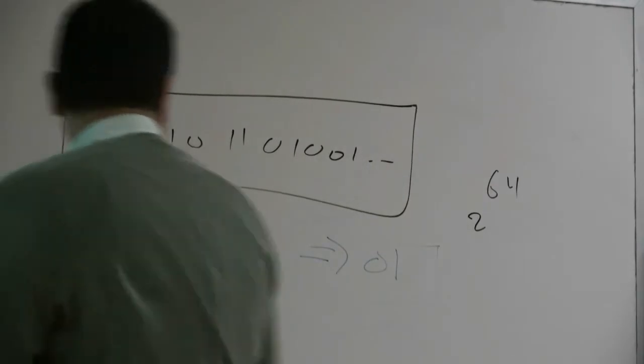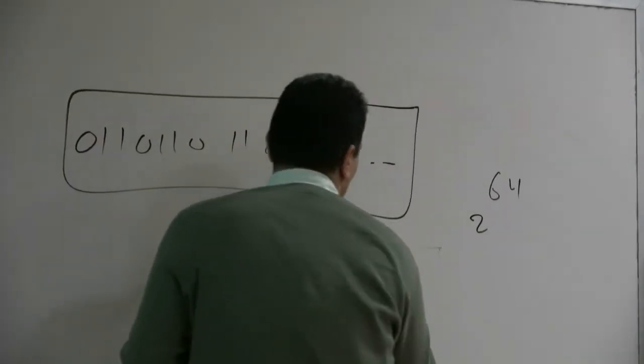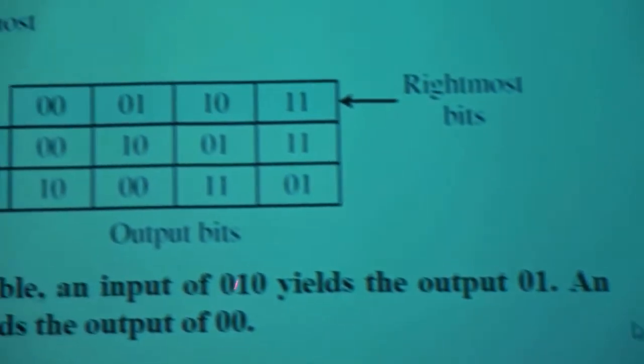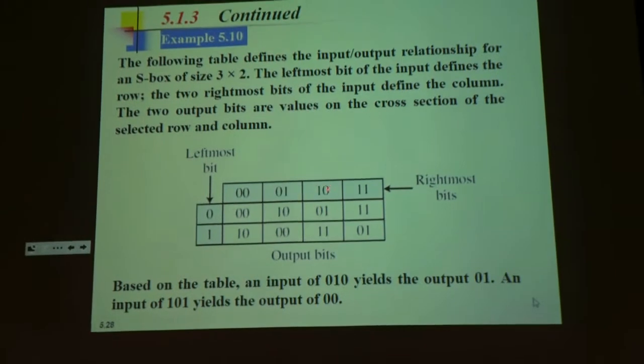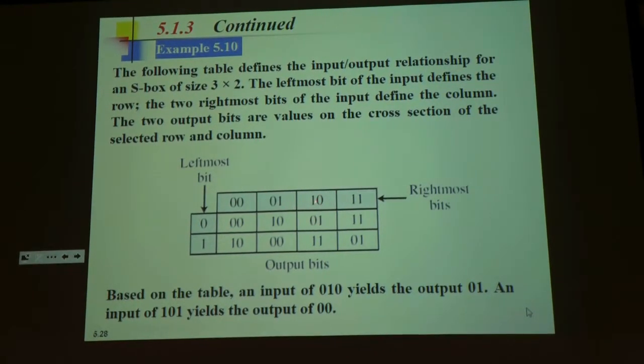I'm sorry. Alright? So based on the table, an input of, for example, 0, 1, 0 will give you 0, 1. Okay?